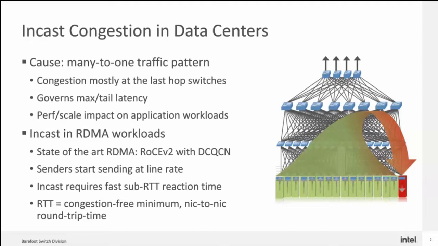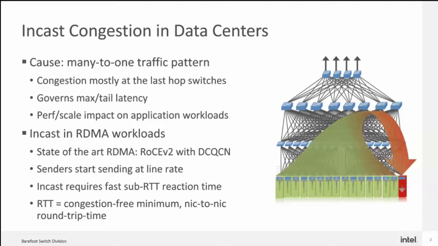And RDMA workloads become more and more widespread in data centers, specifically for very high performance applications like HPC or AI training. And one of the things that make incast harder to manage is the fact that many of these protocols start sending at line rate, which means once an incast is in process, it requires really quick reaction time.